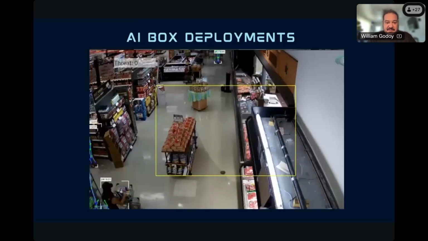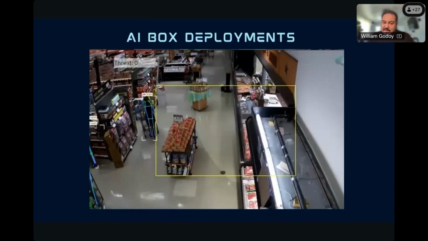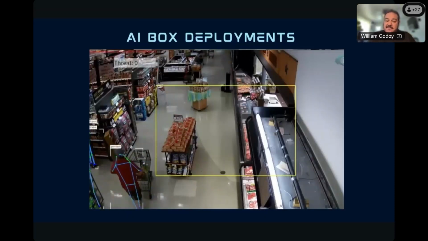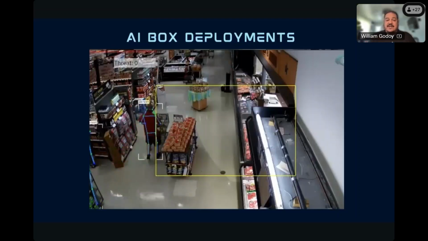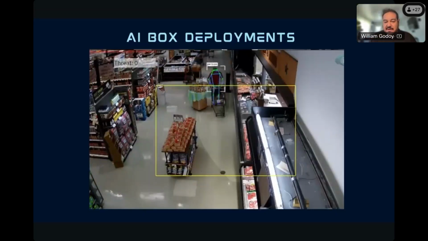Here's another video. You can see there the detections for all the individuals roaming in this particular scene. So there's a zone around them telling you it's a person and their skeleton around them as well. So this will really determine exactly what some of the intentions and behaviors of these individuals are based on an algorithm. And these algorithms are now enhanced with a cloud enhancer, I guess is what you can call it.